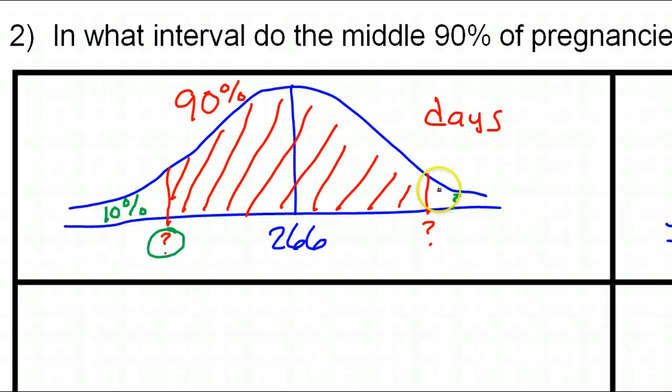But we do know that these two will be the same. So if we've got 90% here, that leaves 10%, but the 10% has to be shared equally between these two empty parts. So that means this over here is 10%, and then this over here is also 10%. Wait, I lied. I meant 5% and 5%.